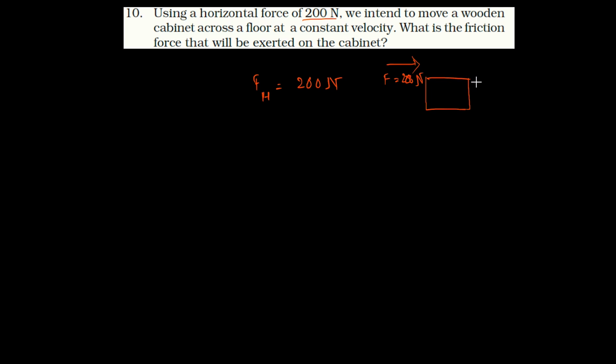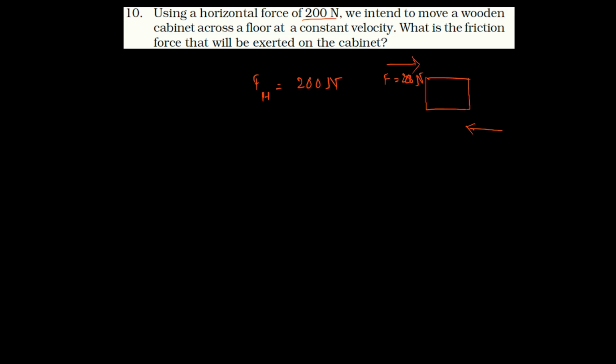What is the friction force that will be exerted on the cabinet? Now we have to check what is going to be the force exerted in that direction by the wooden cabinet when we apply that force of 200 Newton. To understand this concept, we have to consider the third law of motion. What does the third law of motion actually say?